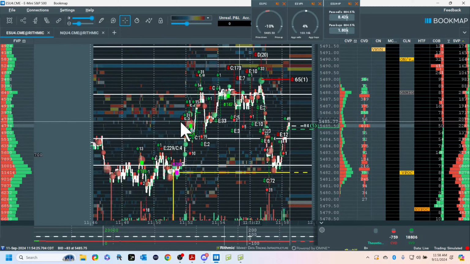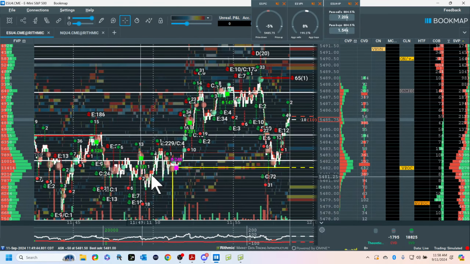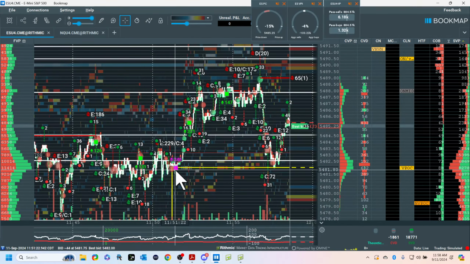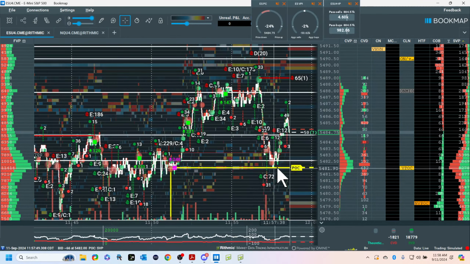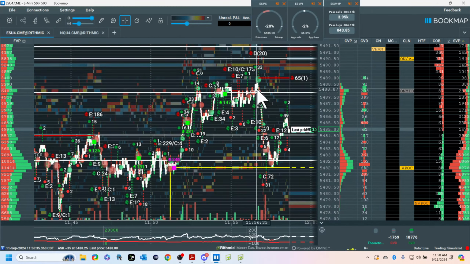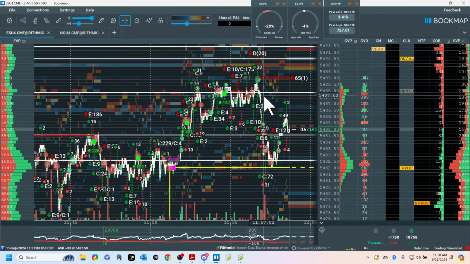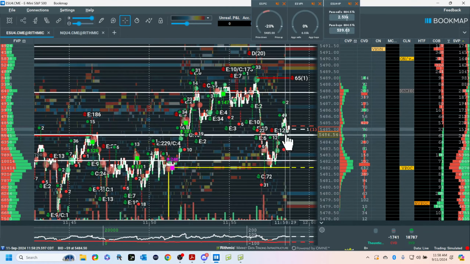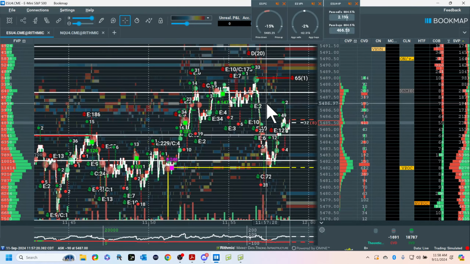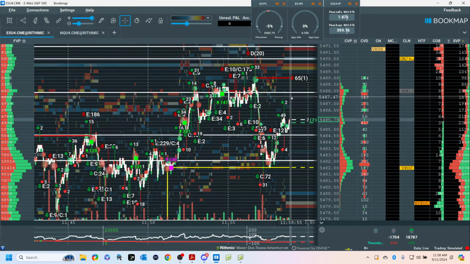Because, let's come back, what happened over here? Buyers took over. So the buyers that were here are here. Sellers were over here. So the possibility to come here, this might be as low as it goes. Now we have to see what happens on the retracement. My resistance is up here.